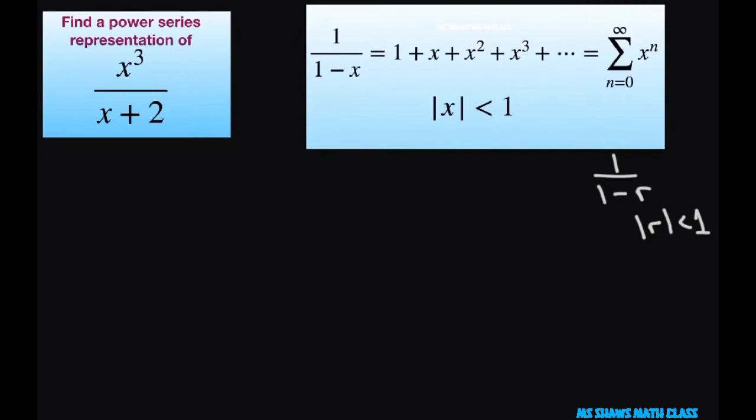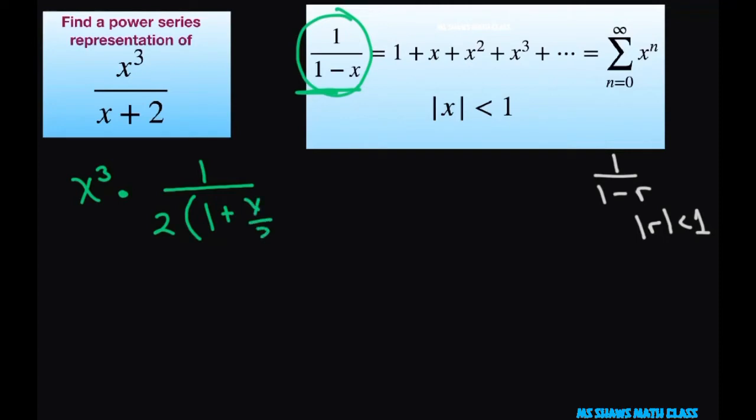So basically this form. What I'm going to do is pull out the x cubed, and I want to write it on the left-hand side of the equation, times 1 divided by, now I'm going to factor out a 2, and then I'm going to write this as 1 plus x divided by 2.